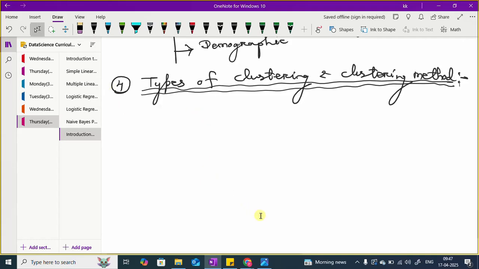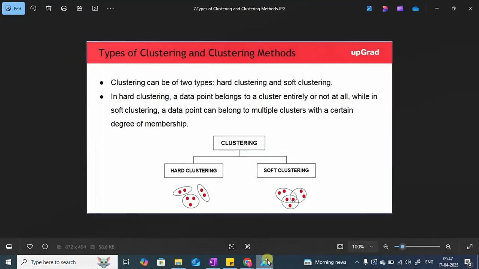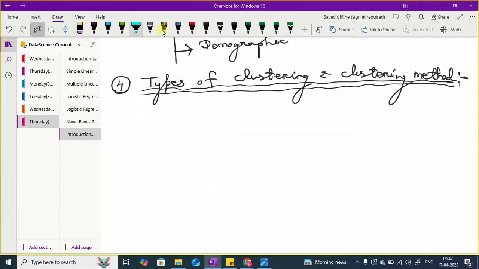Guys, coming to clustering, basically it is of two types. Let me write down the clustering types.